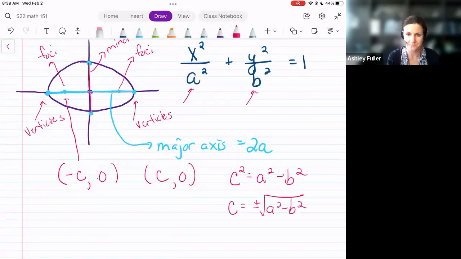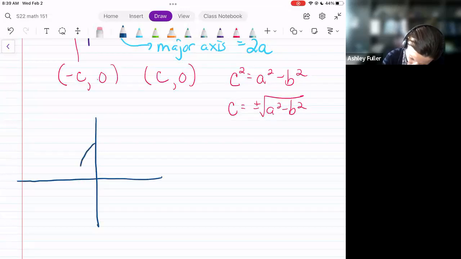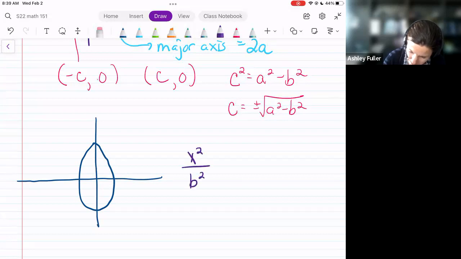We also can look at a vertical ellipse. Again, if we center it at (0, 0), the equation for that in standard form is x squared over b squared plus y squared over a squared equals 1.